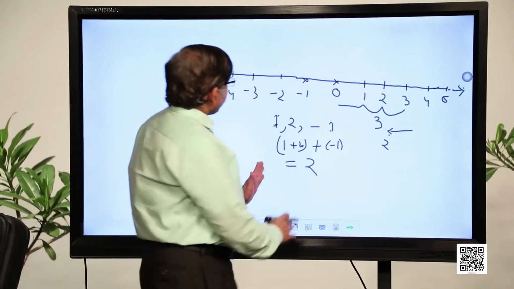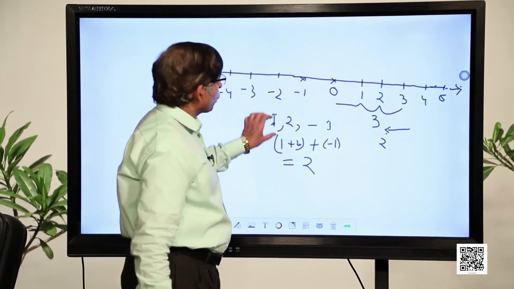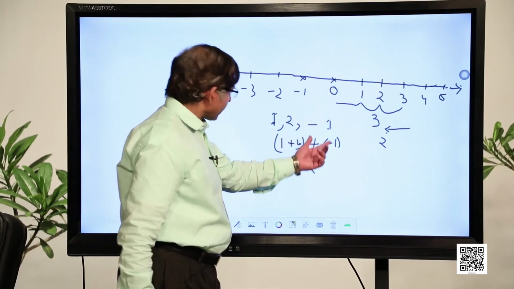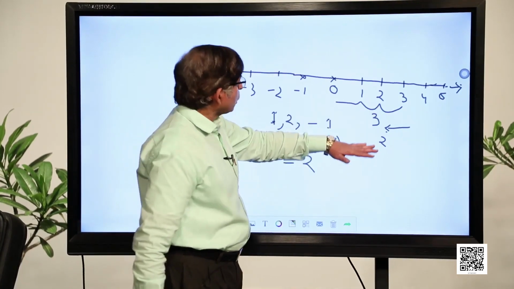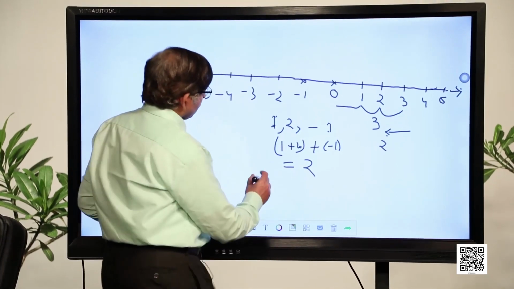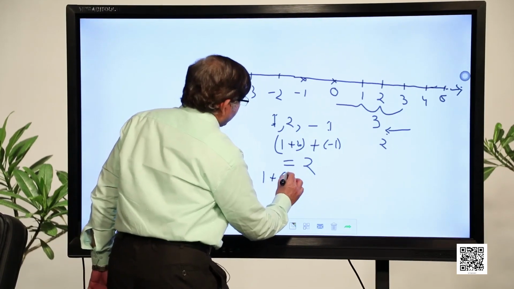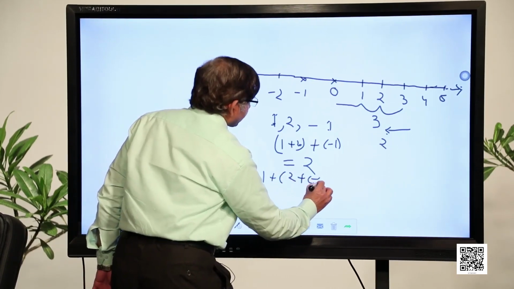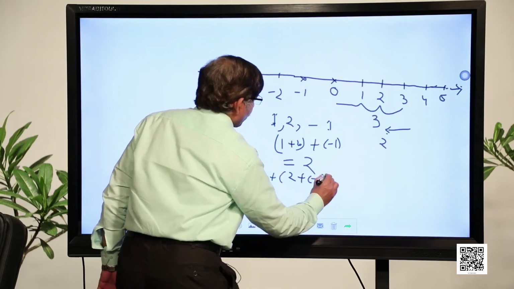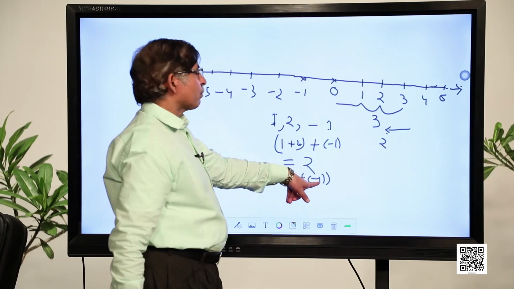Here we have taken the first two integers, taken the sum, then the third integer, and we have shown with the help of the number line that we got 2. Now we will see by taking the second and third numbers together. So, we have 1 plus, in brackets, 2 plus -1.